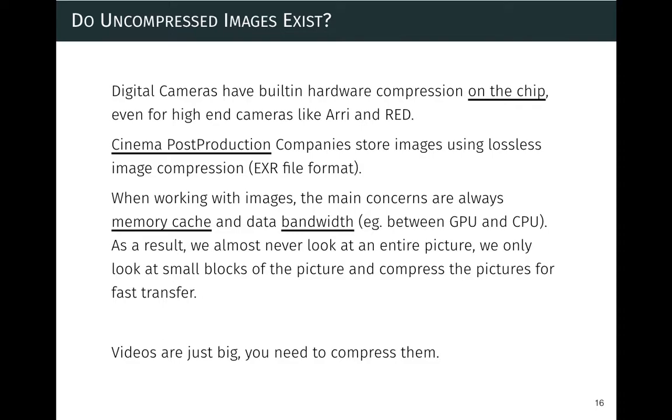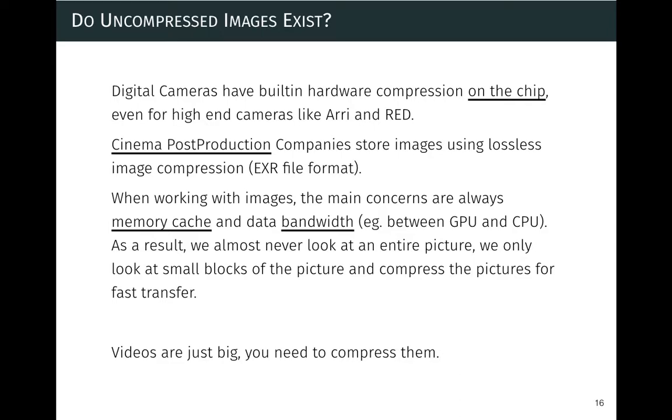And it's not lossless, it's lossy compression. You actually lose some of the data, and it's kind of inevitable, because even at a hardware level, the bandwidth is very important.